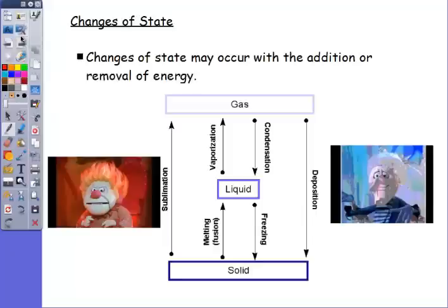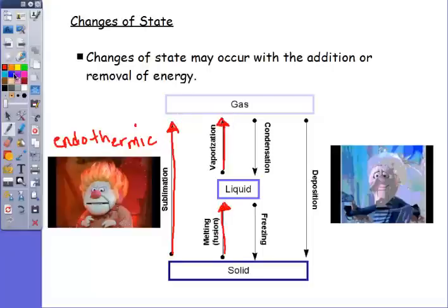As we go through and talk about these different changes of state, we're going to talk about the addition or removal of energy. Remember that as I add energy, that's endothermic. So the processes with arrows going up are my endothermic processes: sublimation, vaporization, and melting. When I remove energy, that's exothermic.